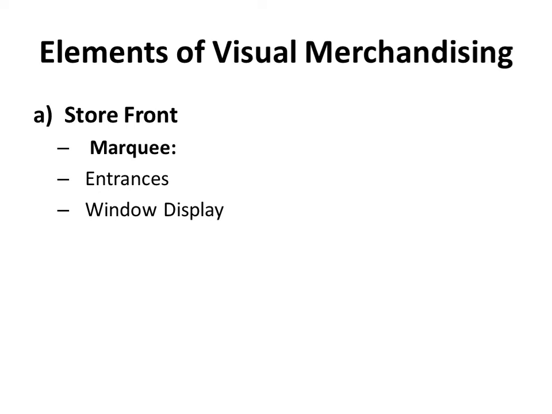The window display system is mainly important because it captures the attention of the customer, and the window display should be well planned. As I told, you have to keep your window display system in a good way, because it helps us to increase the sales process.